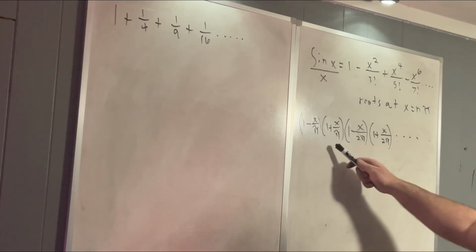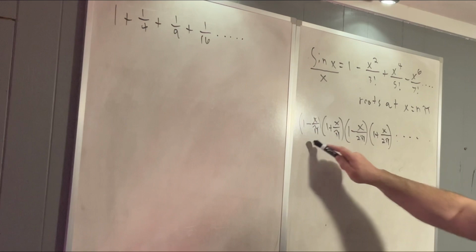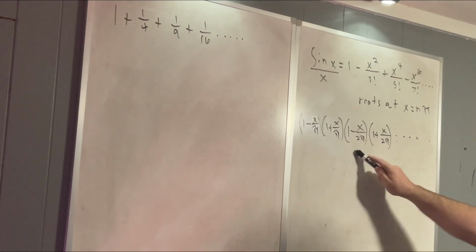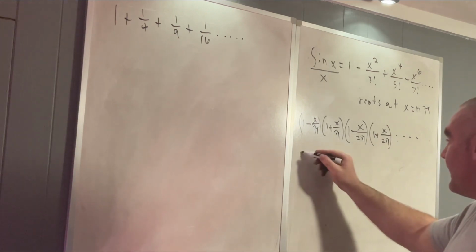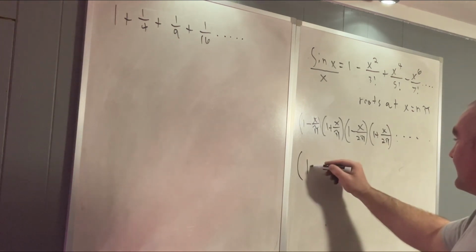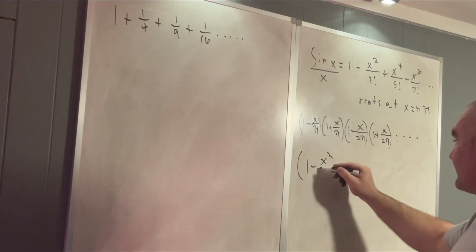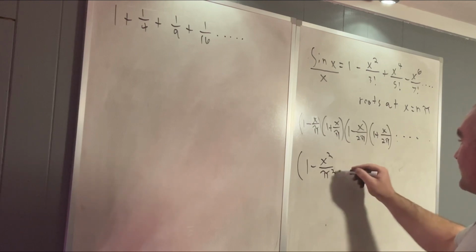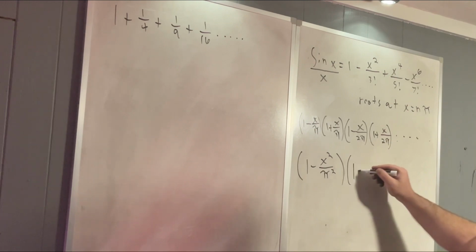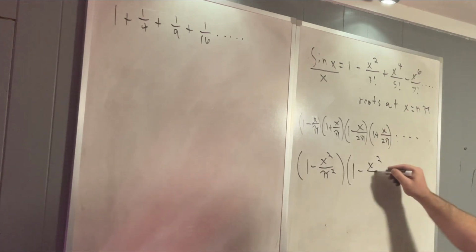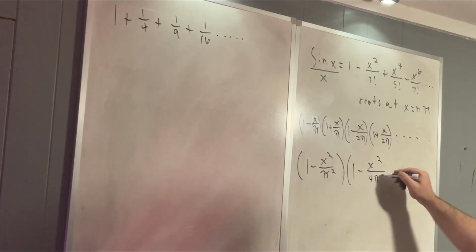Well, you'll notice that it's very easy to combine this term with this term, likewise this term with this term, and all the successive terms like that. These two terms would multiply out to be 1 minus x squared over pi squared. These two terms would be 1 minus x squared over 4 pi squared.